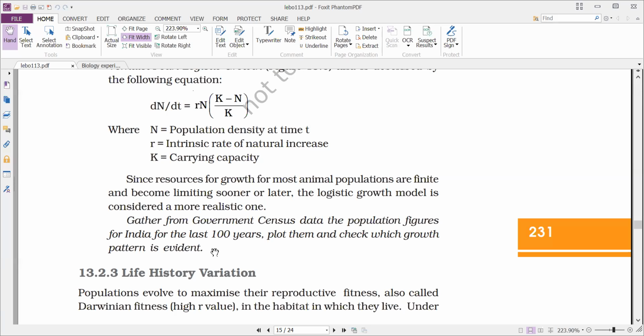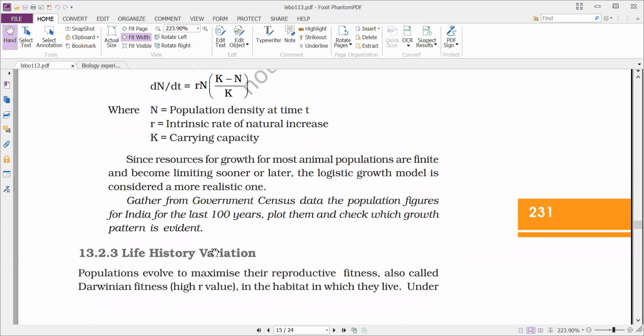Even though the resources are limited and there are some restraints, it is still showing exponential growth in humans.